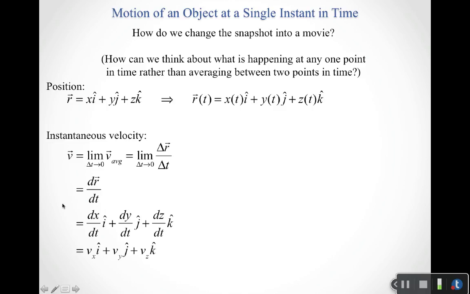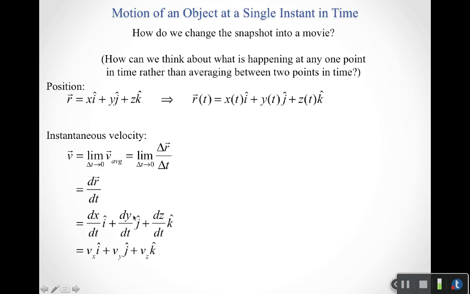Now again, this looks like just a single equation, but really, because this is a vector equation, it's really three of them. So this tells me that the x component of the velocity is going to be equal to taking the derivative of the x position function with respect to time.